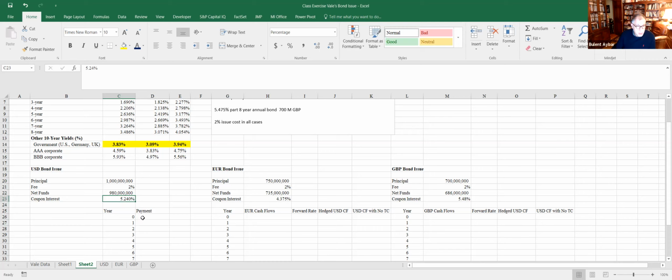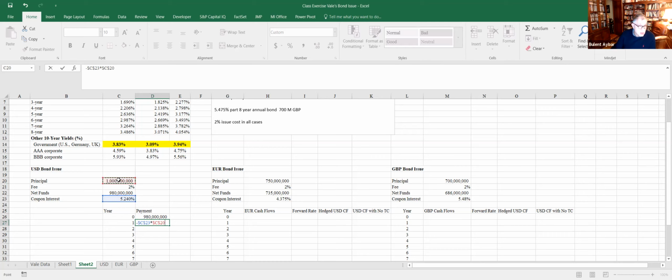So this bond will bring in $980,000 to Vale, but it will require cash outflows of 5.24% times the face value.